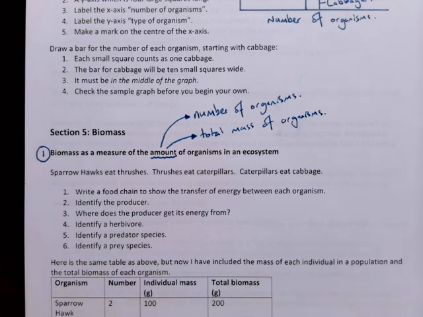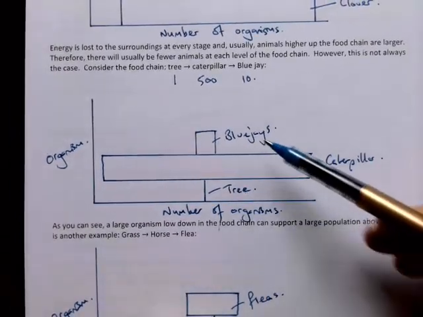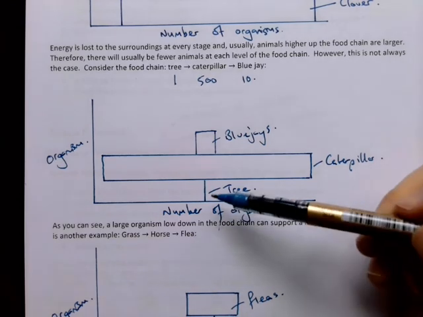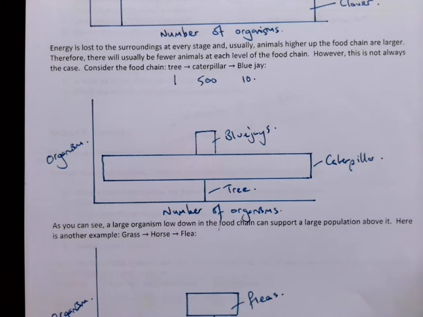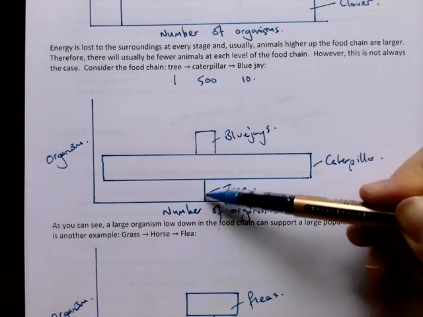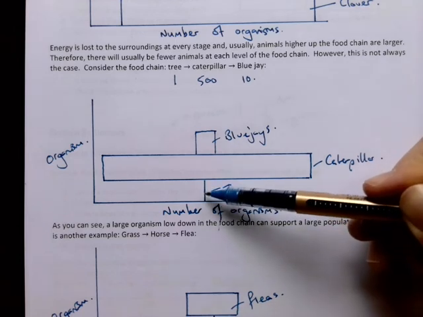Well, if we think back to last week, let's take this one here, this one in the middle, the tree, caterpillar, blue jay. Now, some of you might have been thinking to yourself, yeah, it does look a bit weird with just this one tree down here, but it's not really fair, is it? Because caterpillars are tiny and trees are massive. So even though there's only one tree and there's loads of caterpillars, that one tree is really, really big.